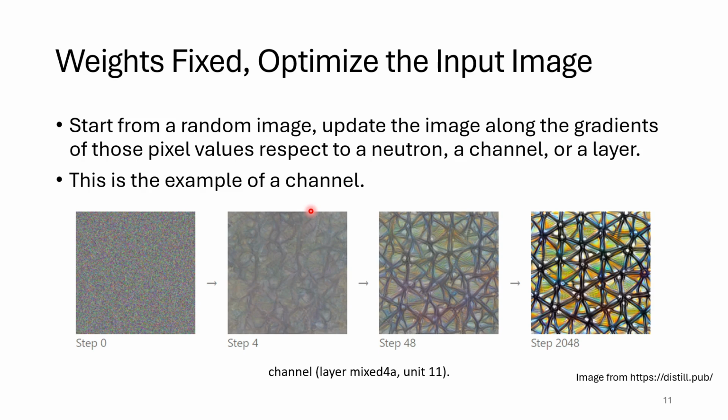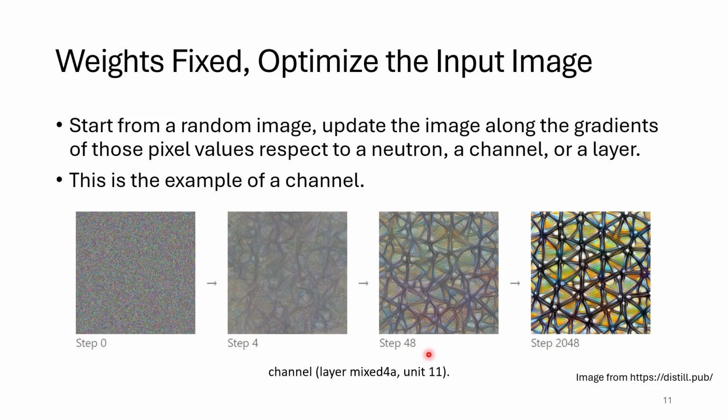If they want to see what kind of image will create a very large activation of a certain channel, in the beginning they use some random noise. Then following the direction of the gradient, they change the values of the input image. After step 4, they generate this image.